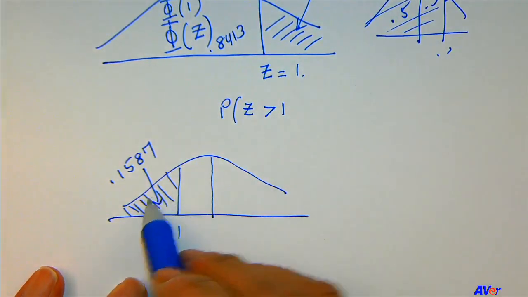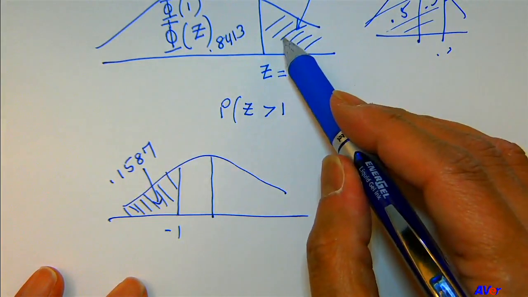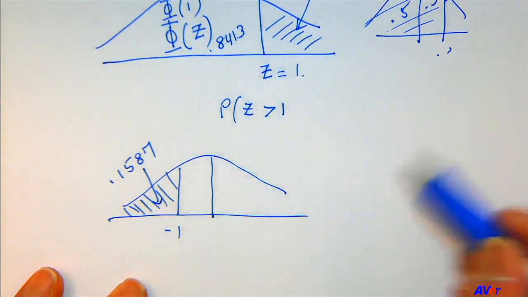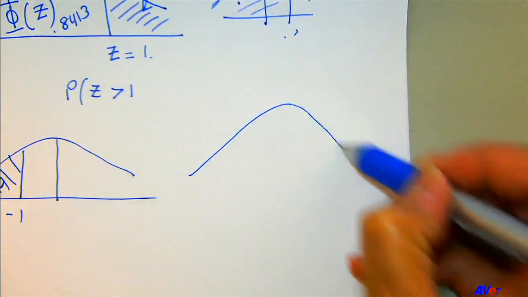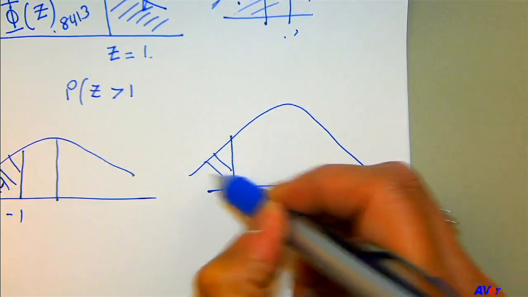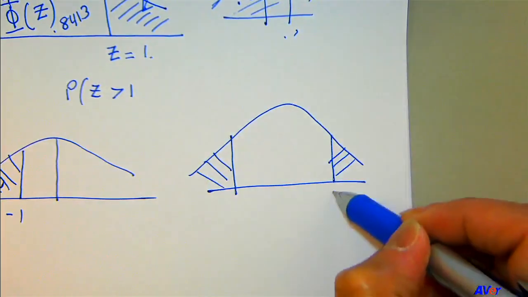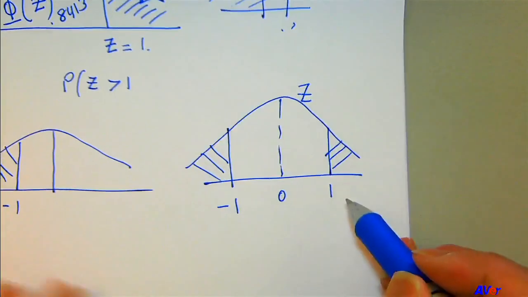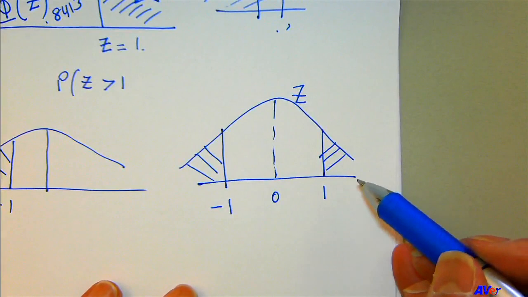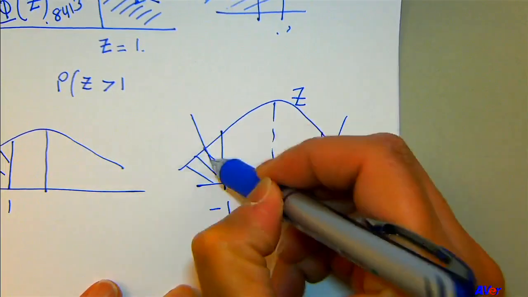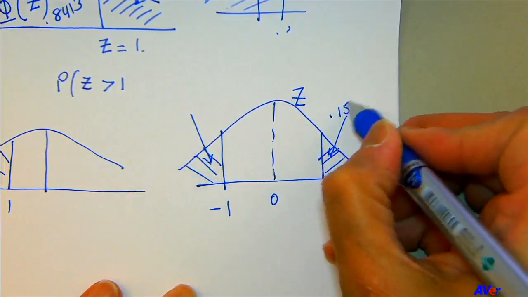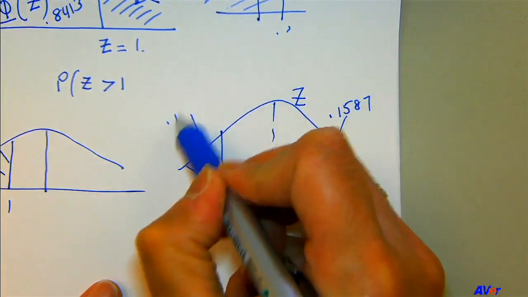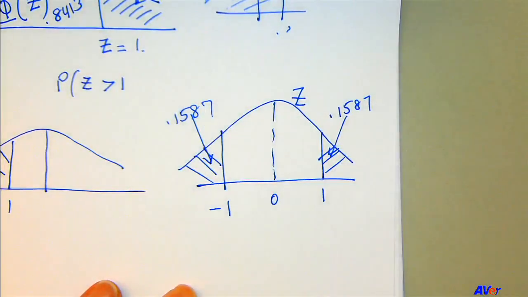Now, this answer is the same as that answer. Not surprisingly, right? I'm talking about this versus that, and this is the z curve. So, of course, there's symmetry, so I expect this answer to be the same as that, and they are 0.1587 in each case. Are you with me or no? Speak up if you're not.